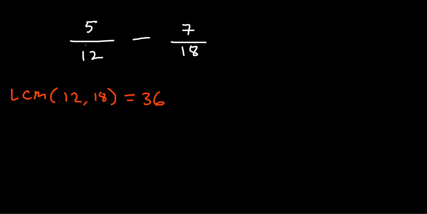And to get 36 for the first fraction, we have to multiply it by 3. So we do 5 times 3 and then 12 times 3. And then for the second fraction, we have to multiply both numbers by 2.